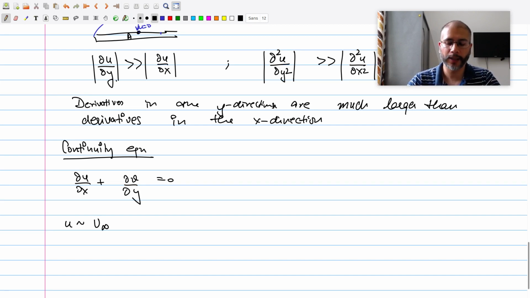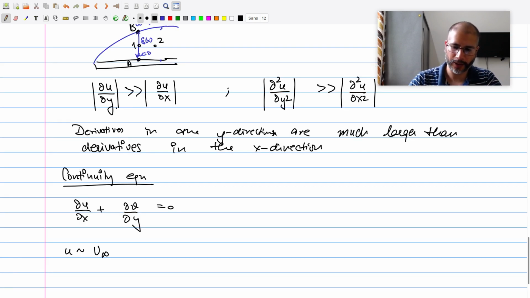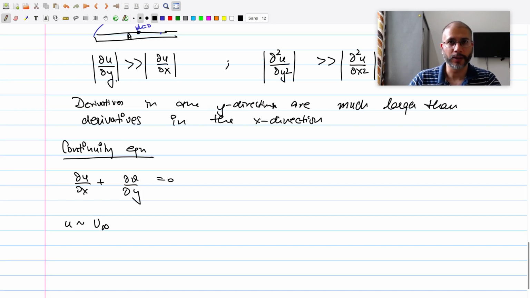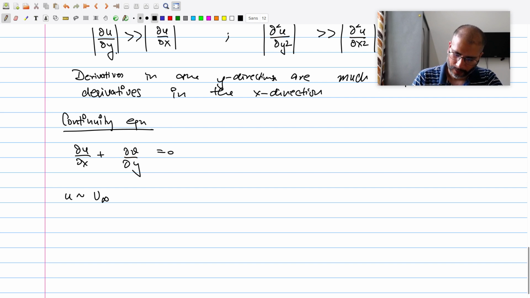Typically, anywhere I see the flow situation inside the boundary layer, the order of u is of the order of u infinity, unless I am extremely close to the base. Then what is the order of del u by del x? This order is u infinity upon L.